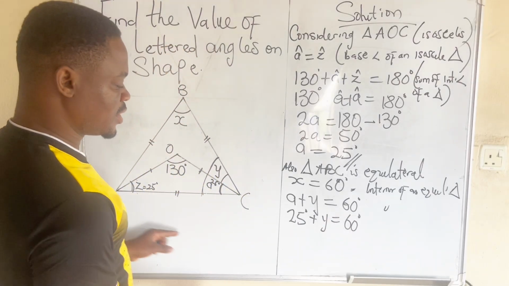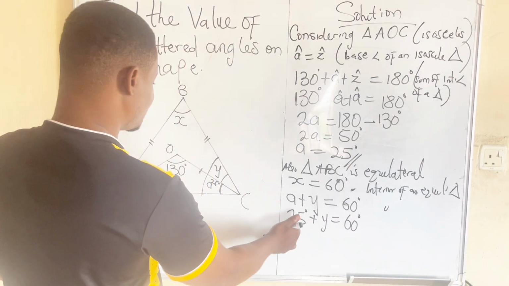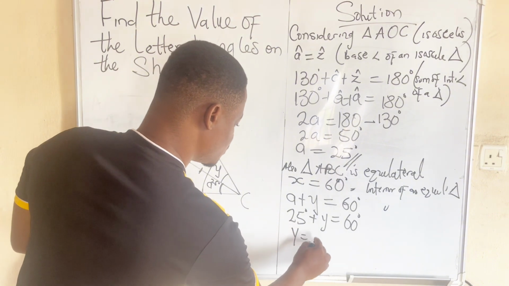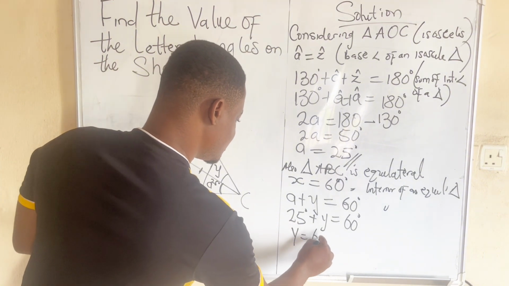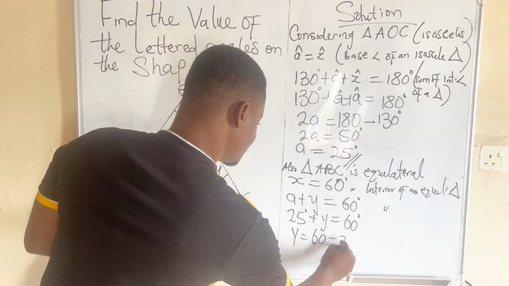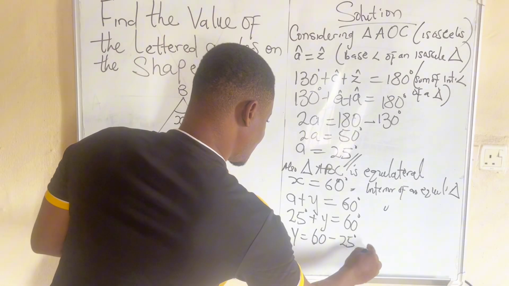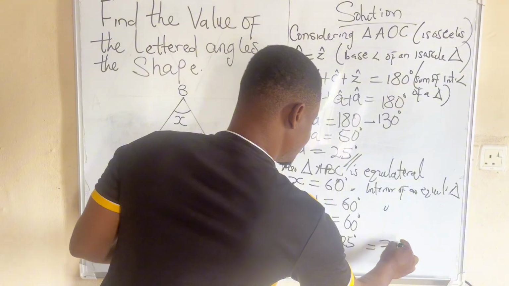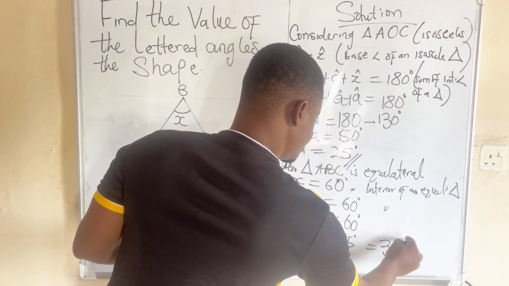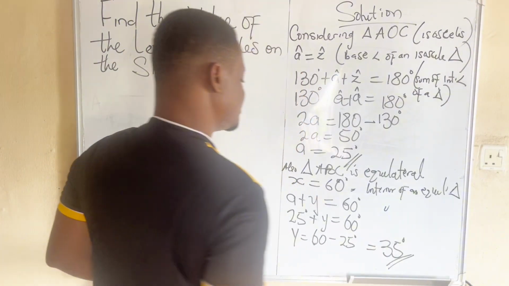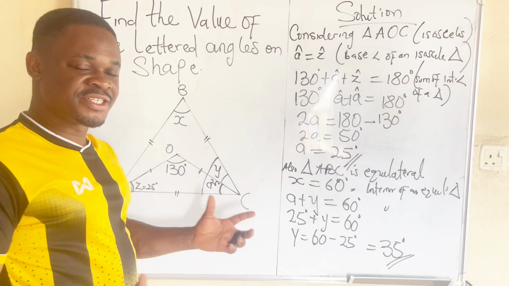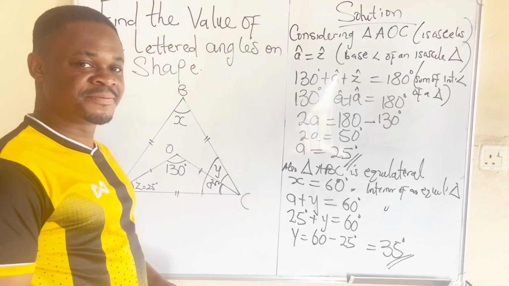In order to get the value of Y, 25 has to cross the equality sign. So we have that Y is equal to 60 minus 25, and that will give us 35 degrees. So this is the value of Y. I believe this is very simple, and thank you for watching.